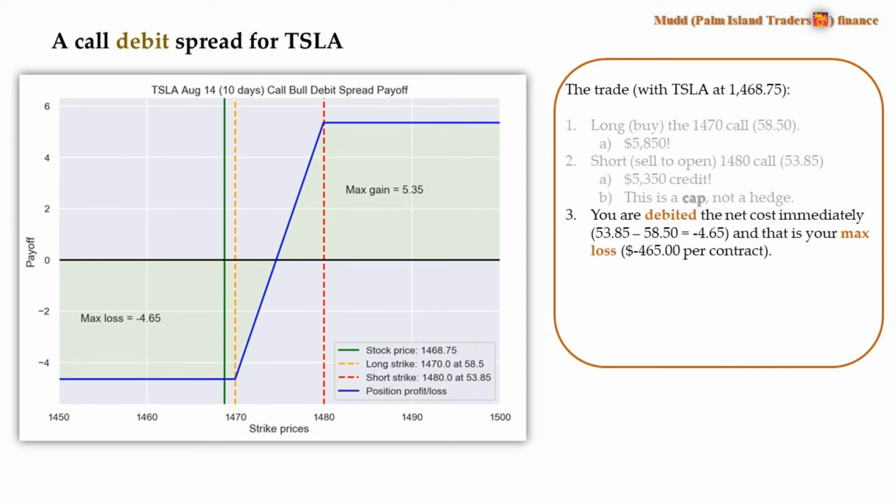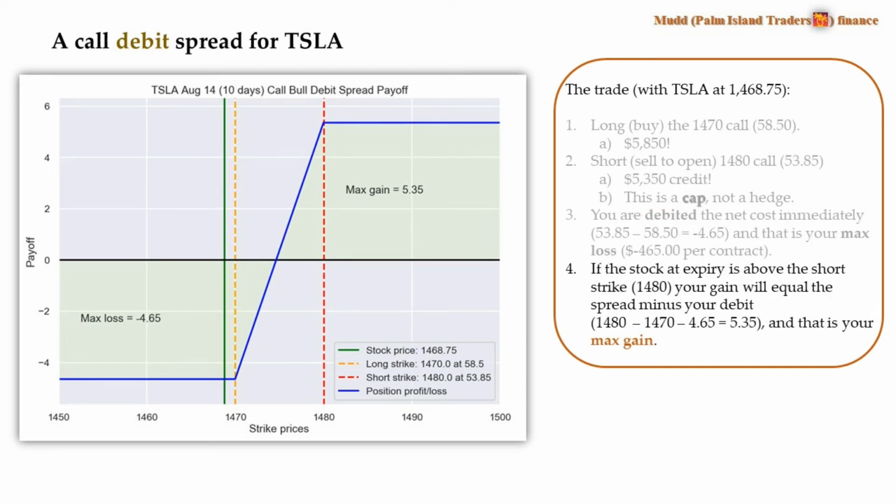But the benefit, of course, is that you are debited the net cost immediately, but that's only $4.65 a share, or in other words, $465 per contract, about the same as the AMD contract, and that is going to be your maximum loss on this contract. So this for you may be more affordable.